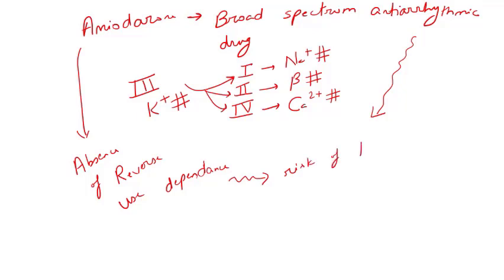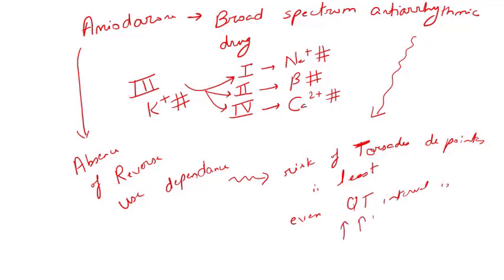Risk of torsades de pointes is least, even though the QT interval is prolonged by amiodarone.